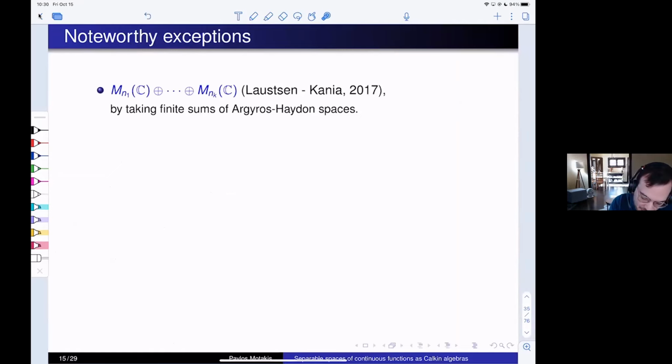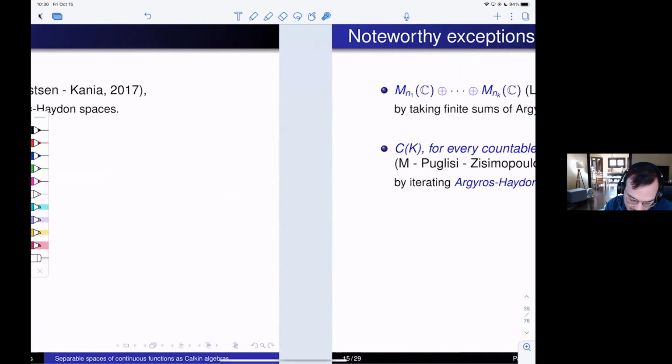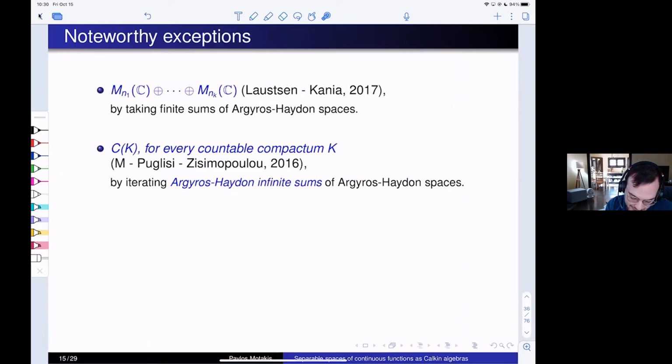Okay, so I was saying, what Niels and Tomek observed is that if you take carefully copies of the Argyros-Haydon space, you can produce any finite dimensional complex semi-simple algebra. And something that was done slightly earlier, but it is the exact same principle, is the result that I had with Daniele Puglisi and Despina Zisimopoulou, where for every countable compact space, you were able to create a C(K) Calkin algebra.